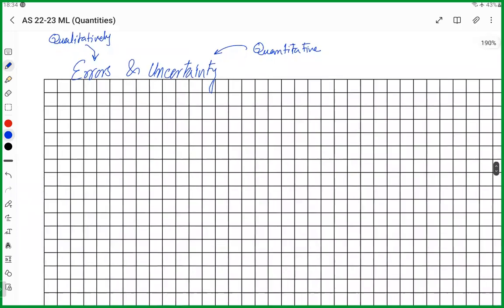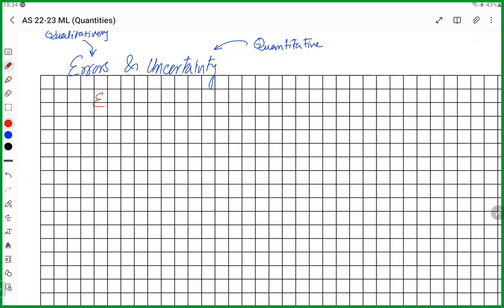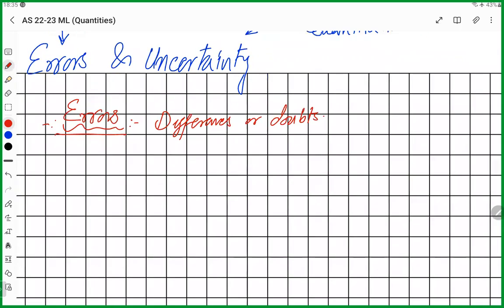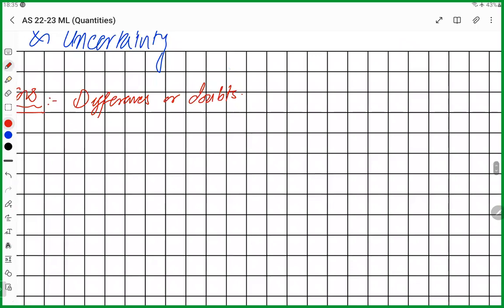So let's start with error. Errors are differences or doubts. For example, if you have a scale and you're using it to measure something.